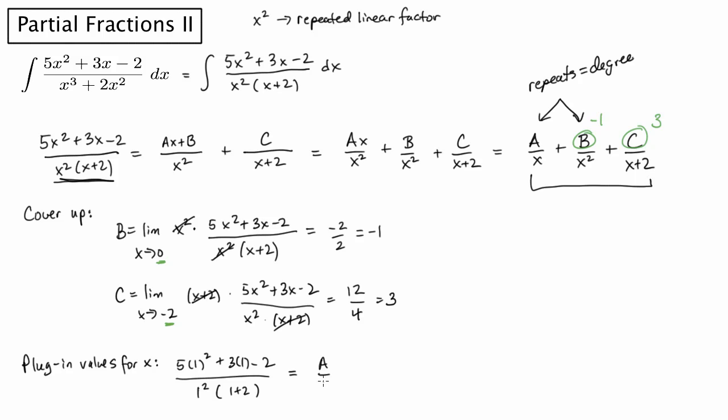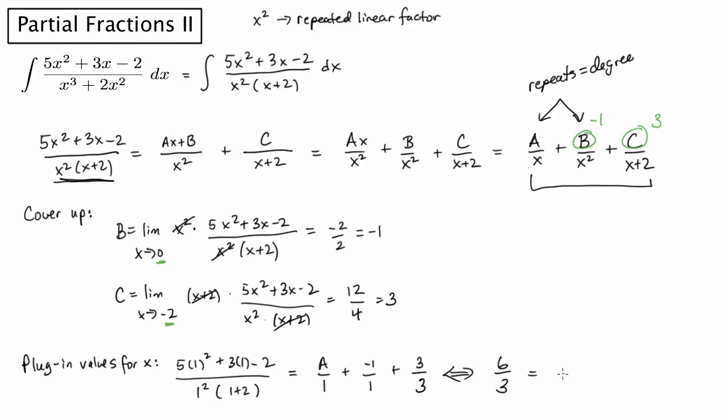That's a over 1 plus, remember b now is negative 1, so negative 1 over 1 plus 3, c is now 3, over 3. If we clean this up a little bit, on one side we're going to have 6 on the top, and if you add the bottom, that's 3.